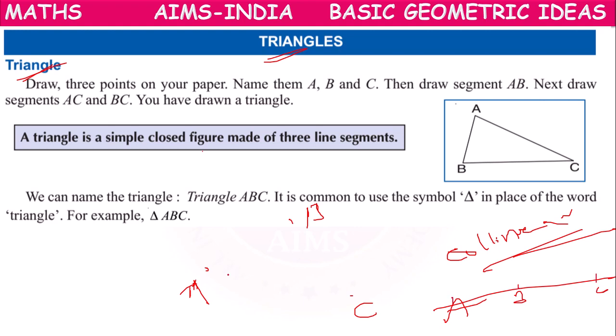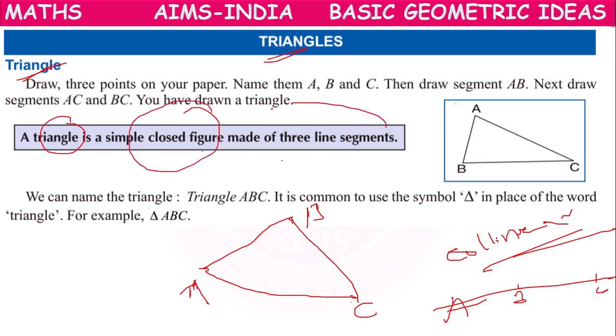If they are not collinear, and we join AB, AC and BC, then we get the geometrical figure of a triangle. It is a simple closed figure made by 3 different line segments.